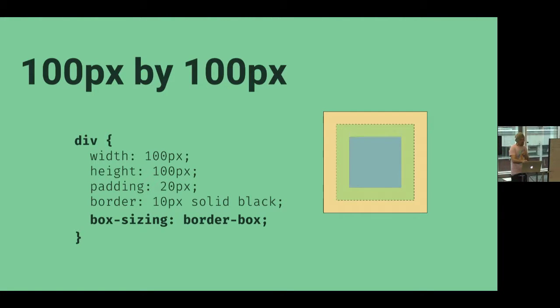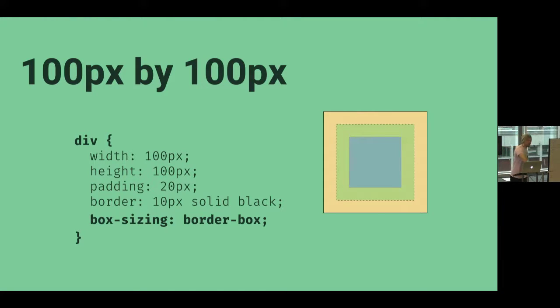But if I change the box sizing property, now it goes back to what we want it to and how we're talking about it, right? This is actually really important because I prefer to write my CSS this way because then it does work the way that I want it to, which is if I set the width and height on something, this is 100 by 100, and everything grows from that 100 in, and we do cut off the size of the content, let's say, even more, but I have a predictable size now, right?